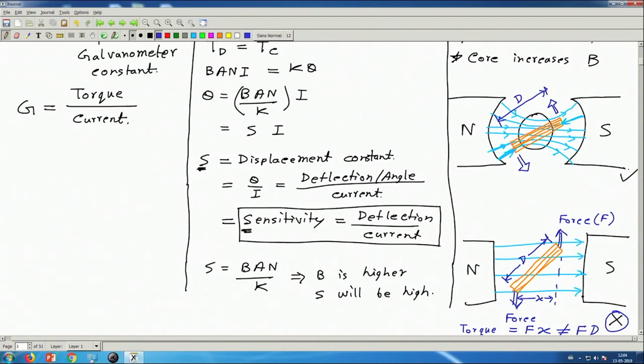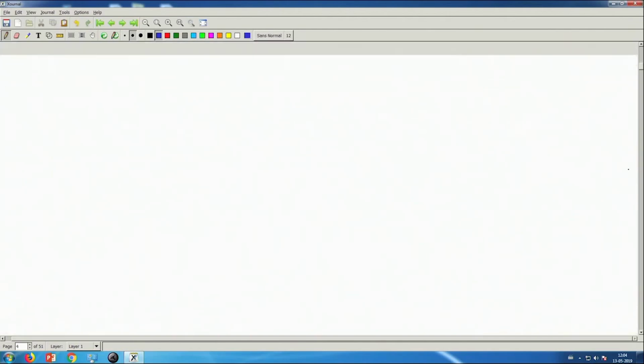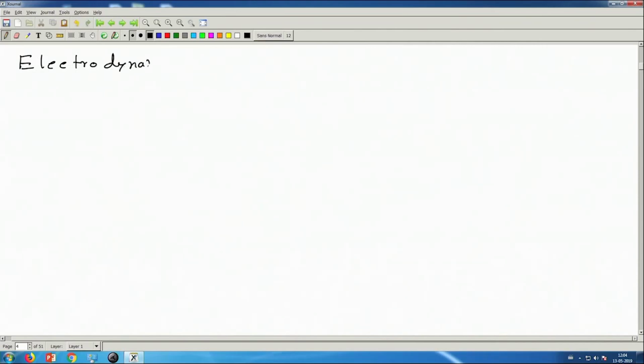Okay. Now, let us move to another topic, another type of instrument which is very similar to this PMMC instrument, and this new instrument is called the electrodynamic instrument.